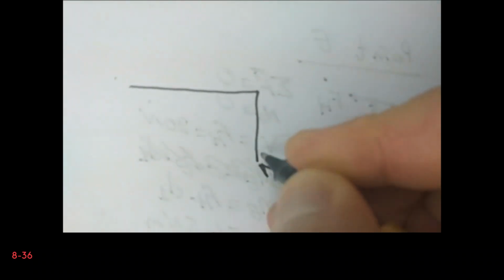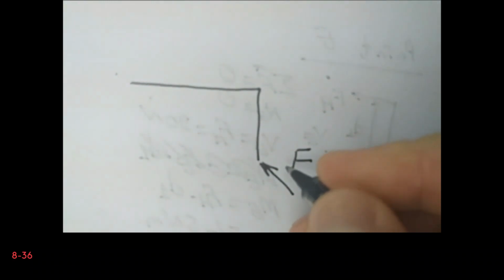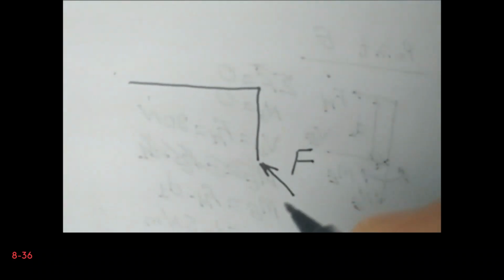So this is our drill. We have a force F. Now this is our point A, and in fact we have a moment T, let's say, on the drill bit.